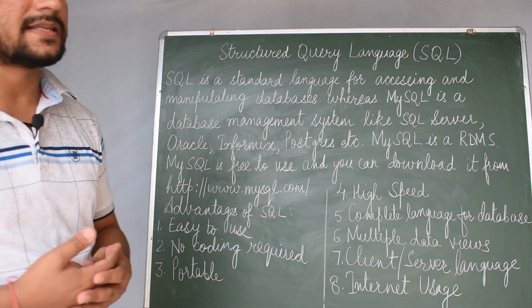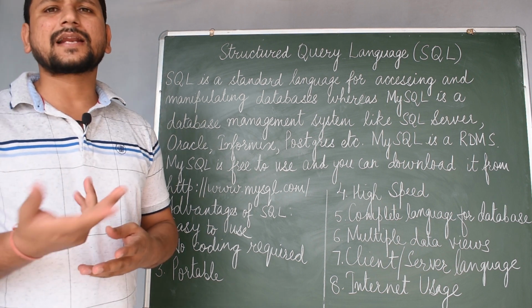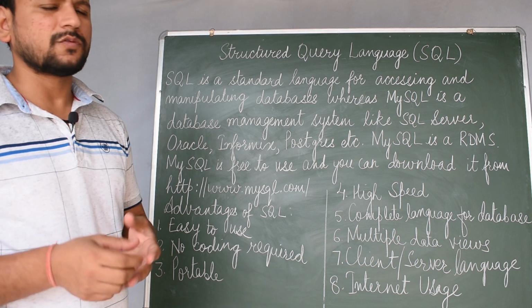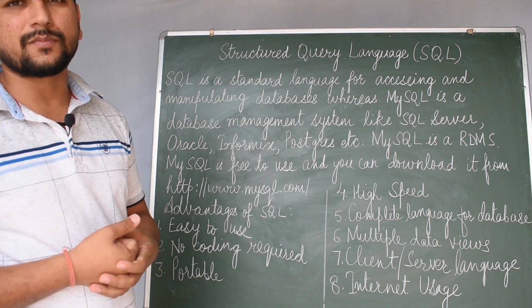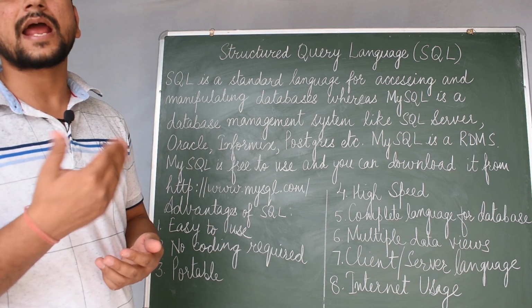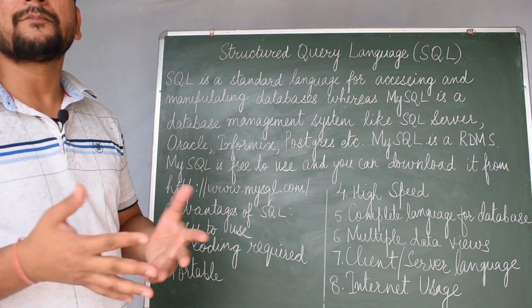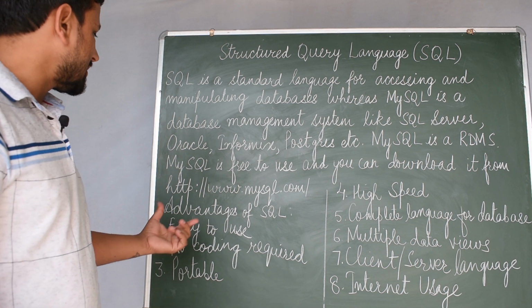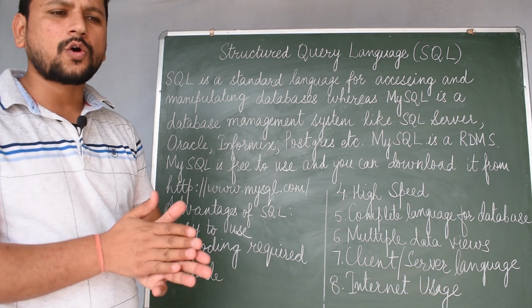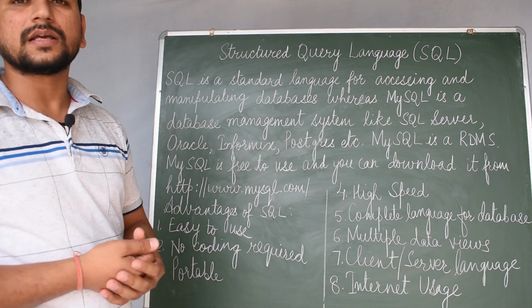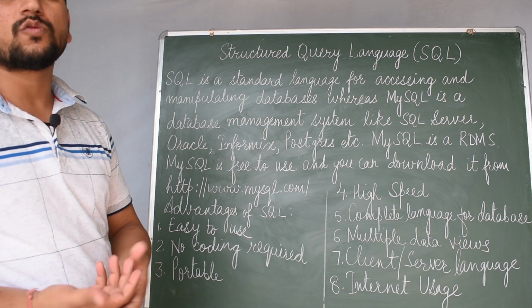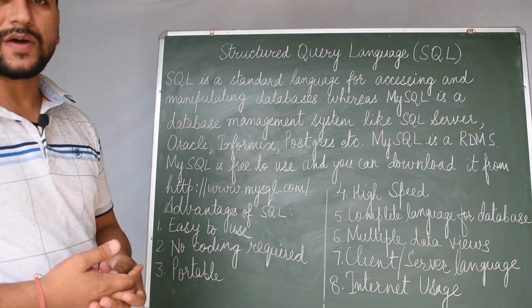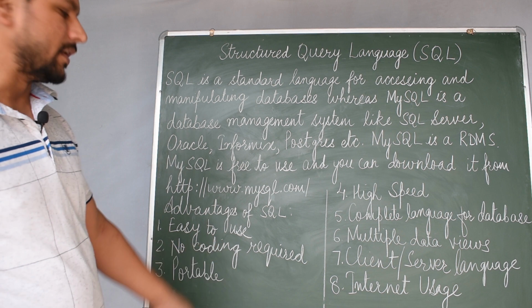One query is there, like describe table, meaning we have to describe the structure of a table. We have to write it like this: describe table. This is a simple query language, easy to use because it is the same as our English language. We just have to follow some syntax, otherwise the commands are simple.